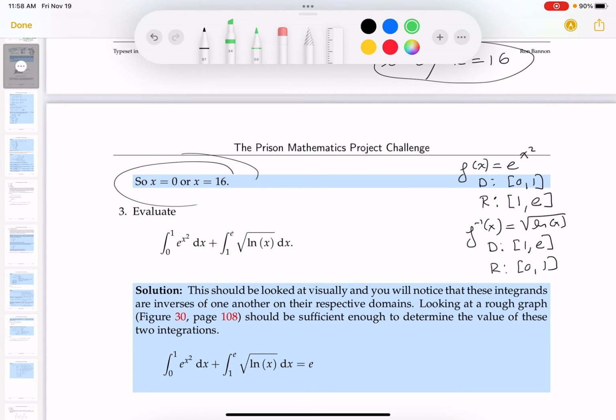And what do I notice about this over here? Well, look at these limits here. I'm going to make some crude attempt at graphing this, but I know they're inverses. A crude attempt.